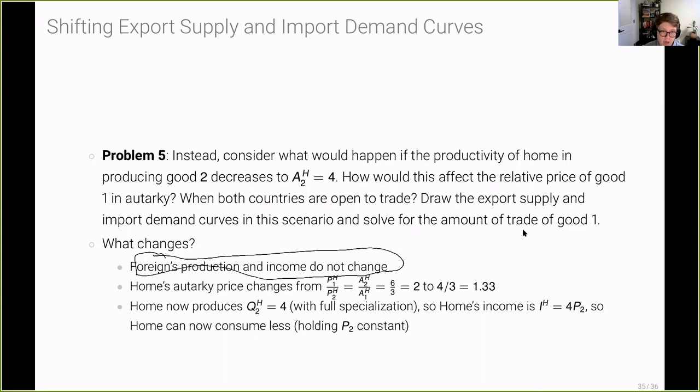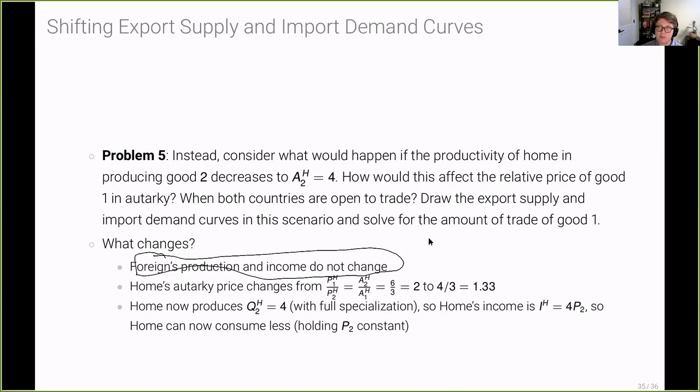Recall that the relative price of good one in home is equal to the inverse ratio of its labor productivities. So when we decrease home's productivity in good two from 6 to 4, we decrease home's relative autarky price from 2 to 4/3.